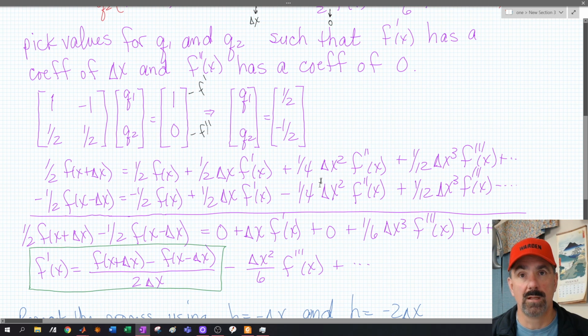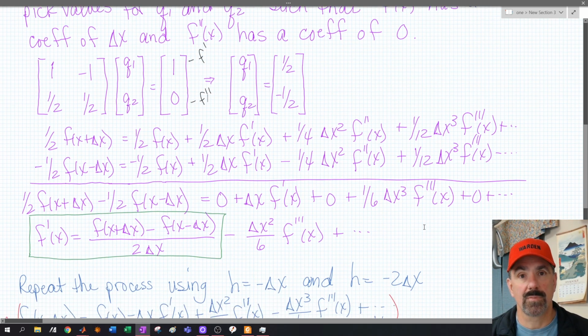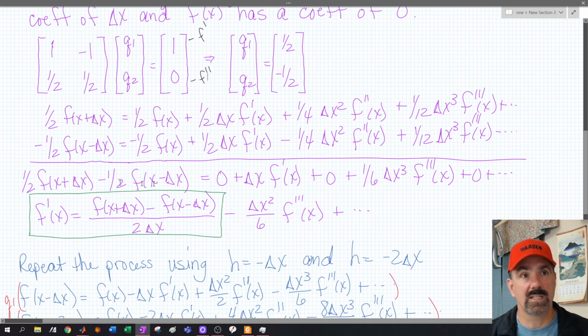That's what we wanted. And most importantly, we got the delta x squared terms to cancel out and become 0. And that gives us a delta x cubed over here. Well, solving this equation for f prime, we write f prime is equal to these two items, and then I'm going to subtract all of this other stuff over here. And this is the approximation I'm after.